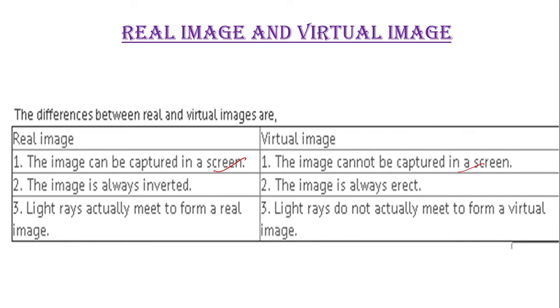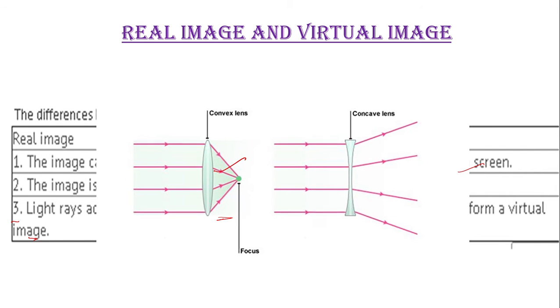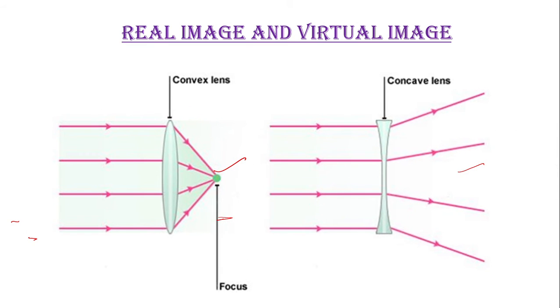And why you can't do that is the third point over here. The light rays actually meet at a real image, whereas in the case of a virtual image they do not meet. For example, a convex lens is also called a converging lens. That means all the rays that are coming will converge at a point.